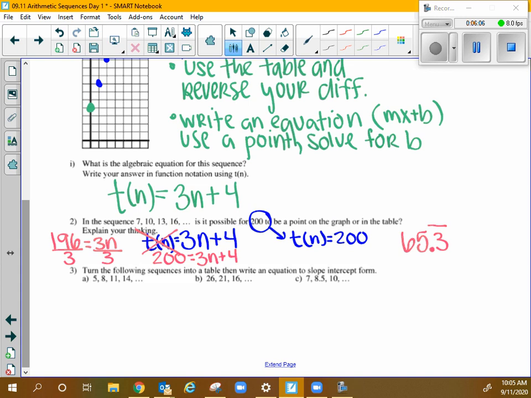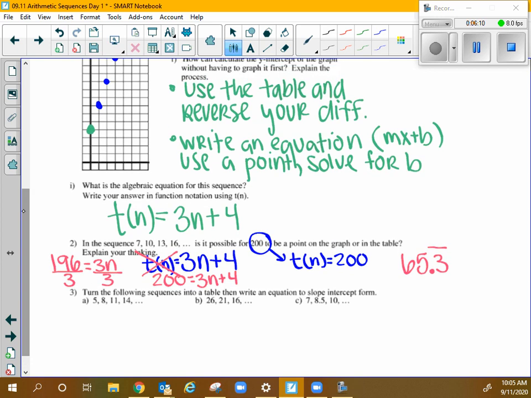If you're writing a sequence, you're going 7, 10, 13, 16. We're not finding all of the individual numbers in between, right? So because this is a decimal, this is no. You don't want a decimal as a term position. Answer is no.